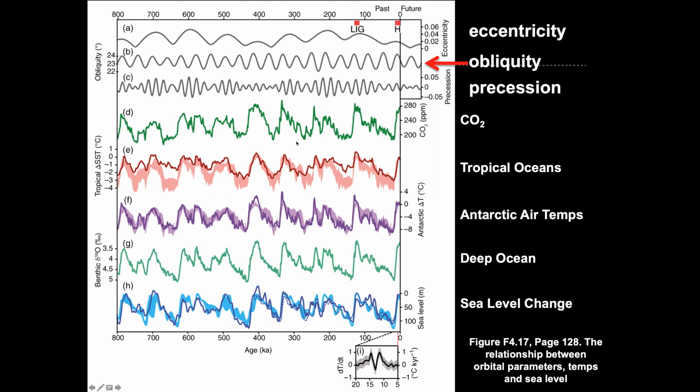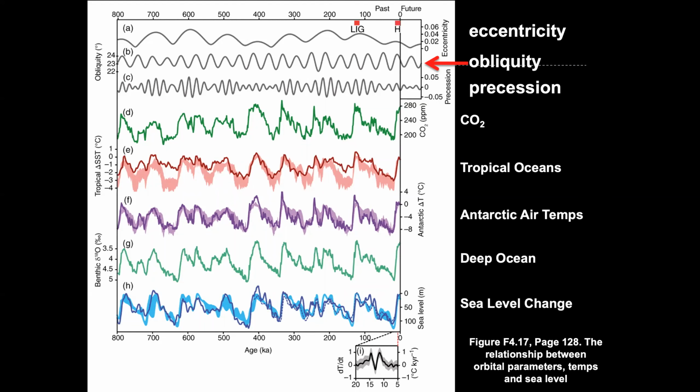When they do line up together, you get a sense of ice ages coming into effect, versus when they're not in sync, like they are right now, then periods tend to be warmer, okay?